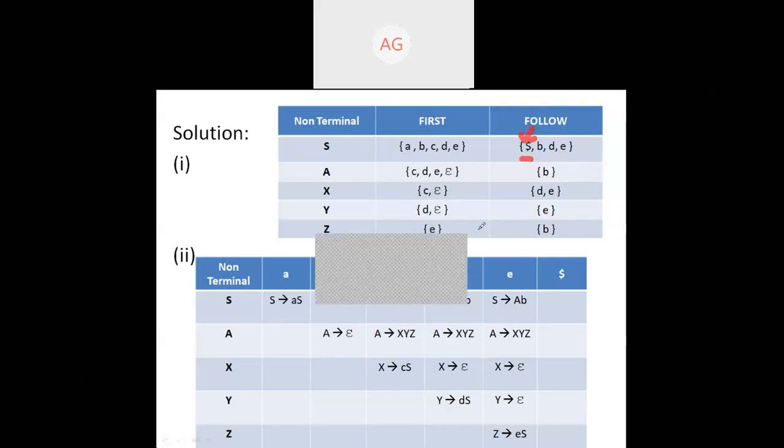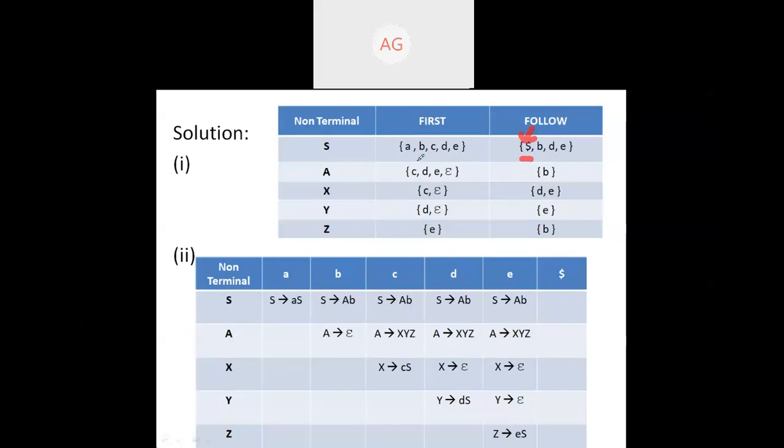And after this, only 5 minutes are remaining, so this is our last question we are going to discuss. From this first and follow table, we are going to construct the LL1 parser table.